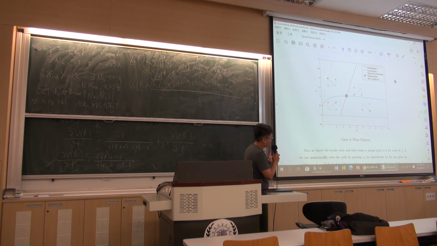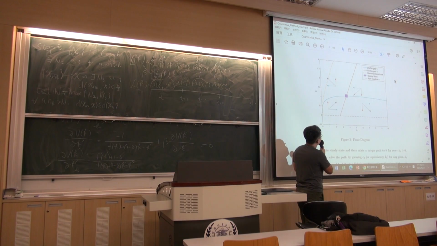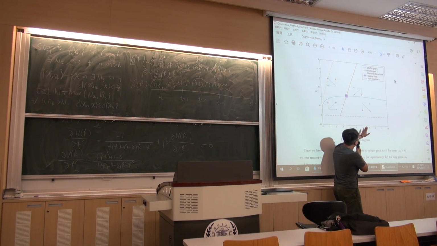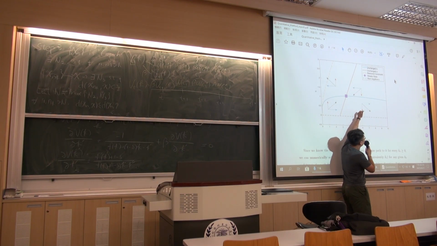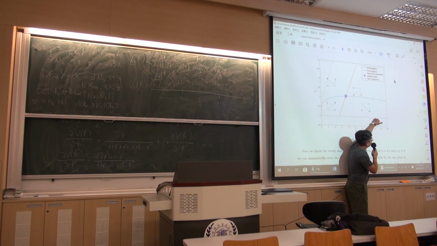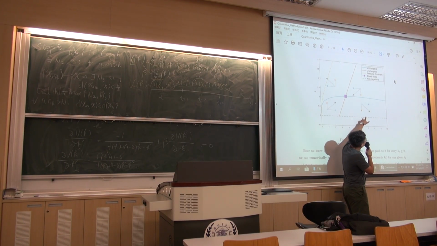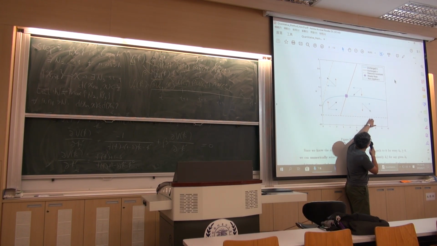Then you realize one thing. If I say that I have the capital K equals to 6 here, and if I pick the point here at this area, then what will happen? It's going to lead me to the boundary conditions, which is non-negative.